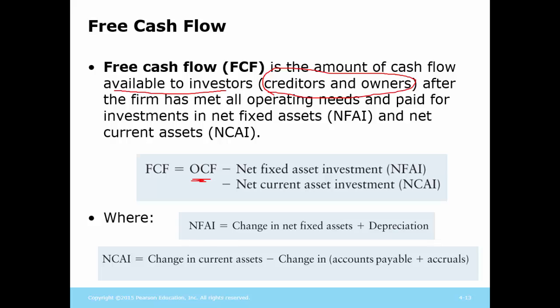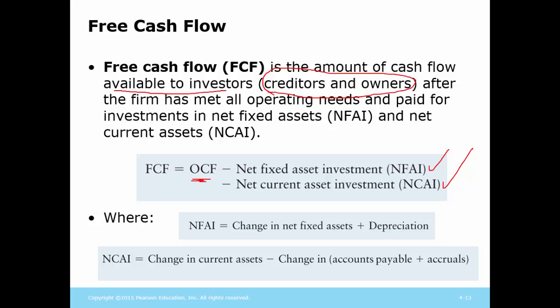Well, the company can invest in fixed assets, and it also can invest in current assets. So the net fixed asset investment is the change in net fixed assets plus depreciation. The net current asset investment is the change in current assets minus the change in accounts payable and accruals.